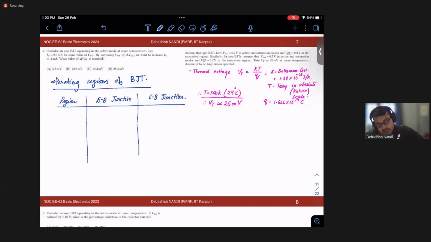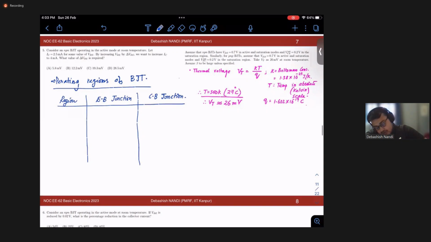So there are basically four types of modes for BJT operation, right? One we call active or forward active. Here your emitter base junction is forward biased and your collector base junction is reverse biased. I am not going into that physics because there is a completely different course on devices, and you can just assume it this way.